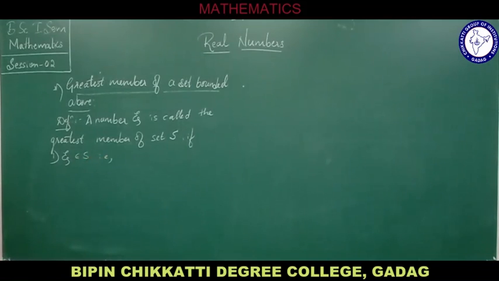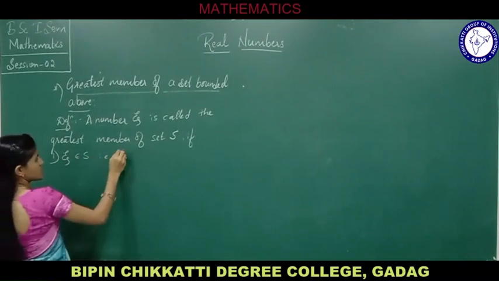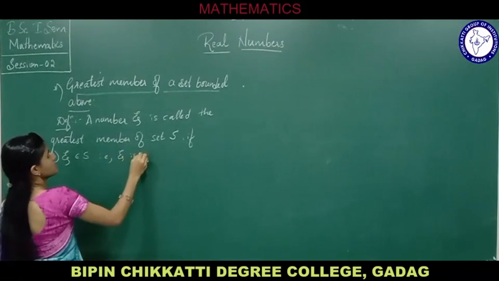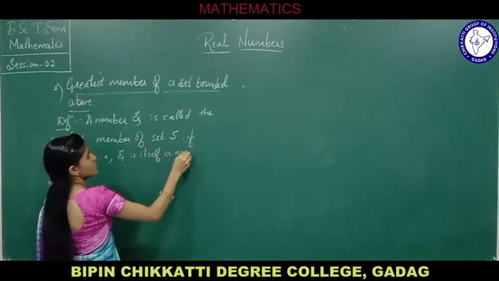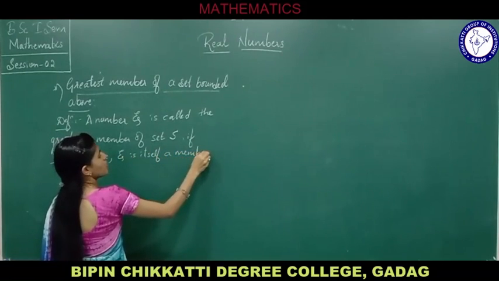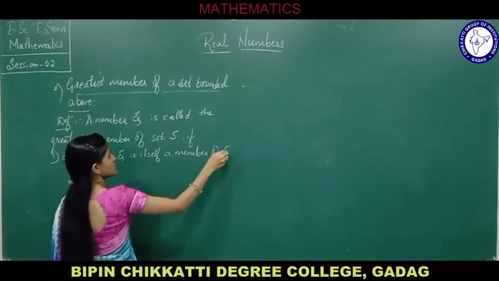That is, epsilon is itself a member of this set S.